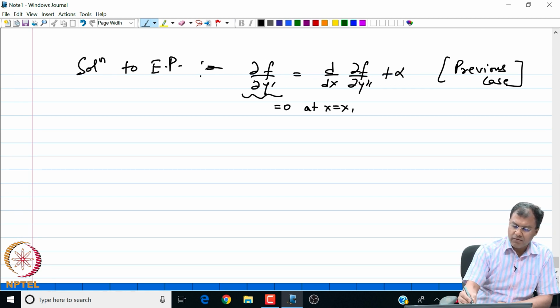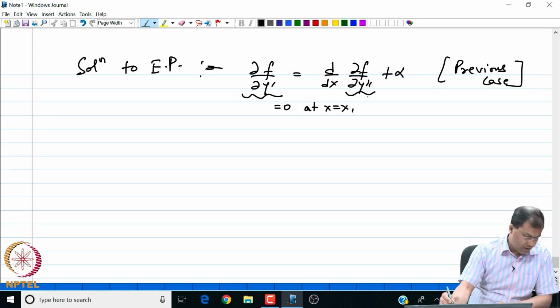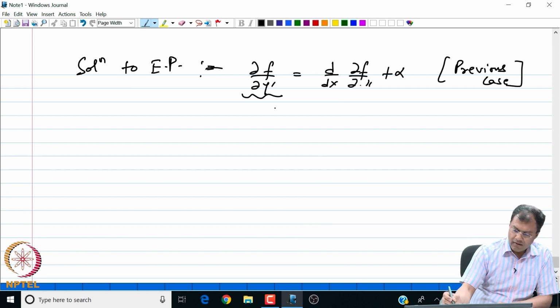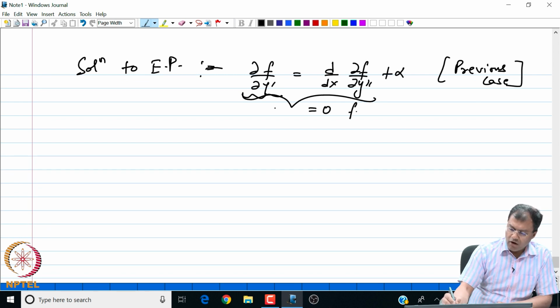So from the natural boundary condition, this is 0, and what we have is the following: this quantity minus this quantity is equal to 0 from our natural boundary condition at x equal to x1.